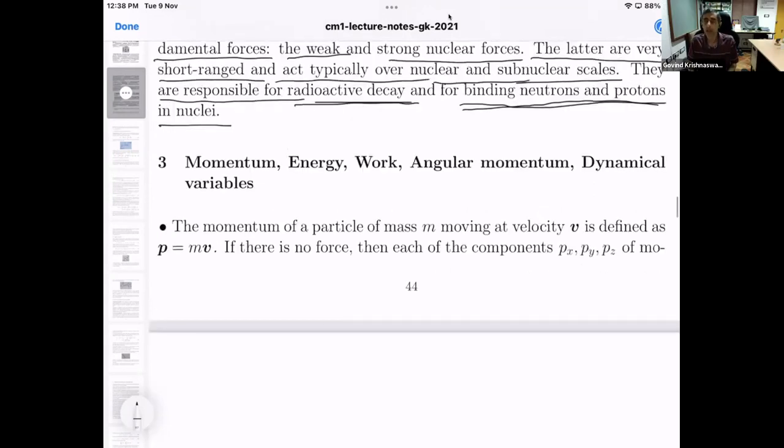If not, now I want to return to some of the principles and quantities we study in mechanics. So this completes our discussion of Newton's laws of motion, as well as Galileo's principle of relativity, and some examples of forces.